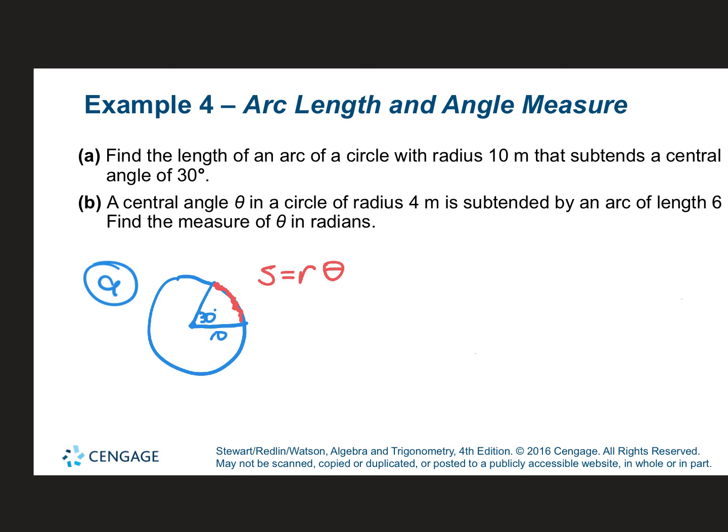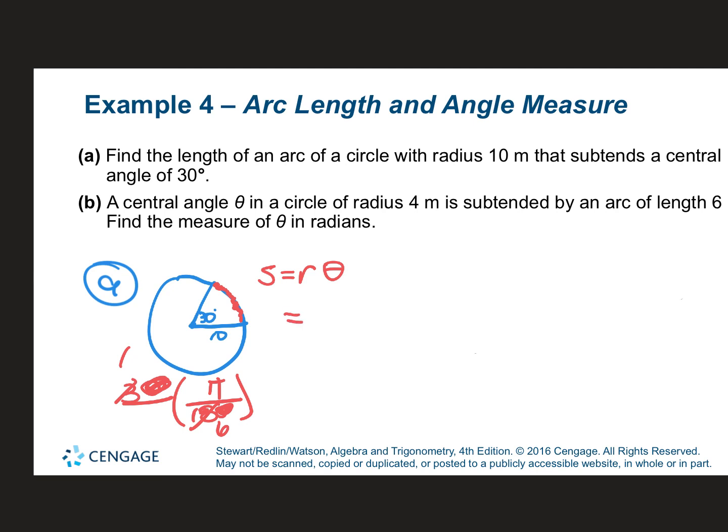What do I have to do with 30 degrees before I can use this formula? I have to change it to radians. So 30 degrees to radians. Where does 180 go and where does pi go? 180 on the bottom. Good. And pi on top. So the 0 and the degrees cancel out. 3 goes into 3 once. 3 goes into 18 6 times. So my theta is 30 degrees, but it's also what?